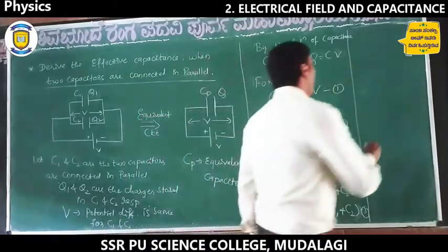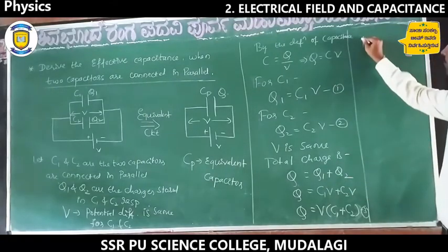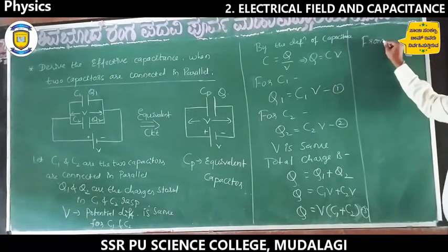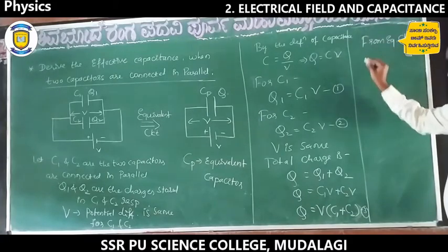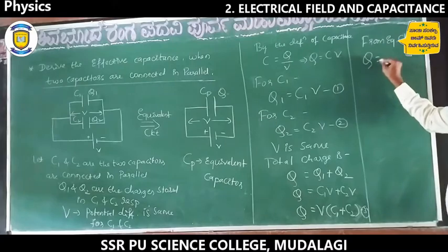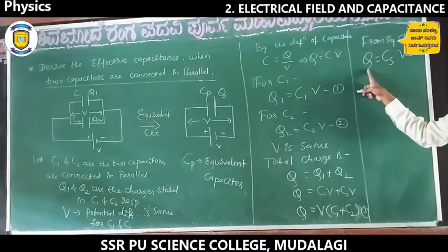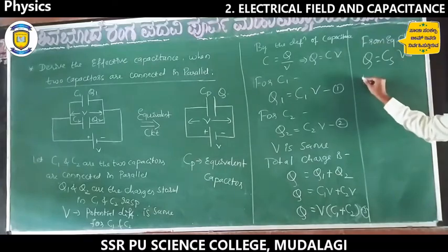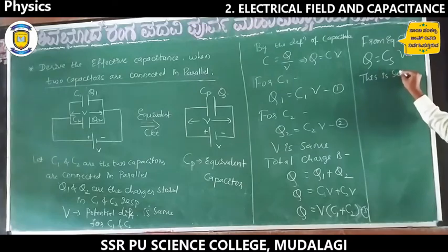From the equivalent circuit, the same steps come in the same way. From the equivalent circuit, Q is replaced by CP into V. Q equals CP into V, and this is substituted in equation number 3.